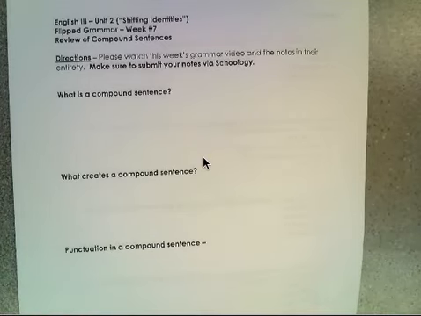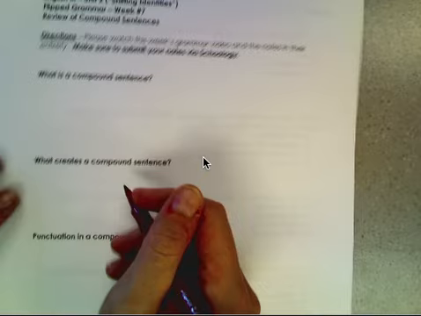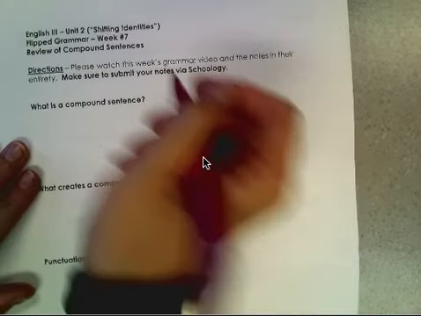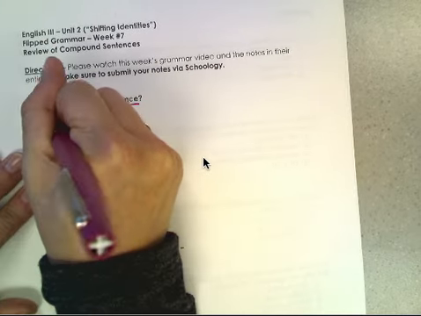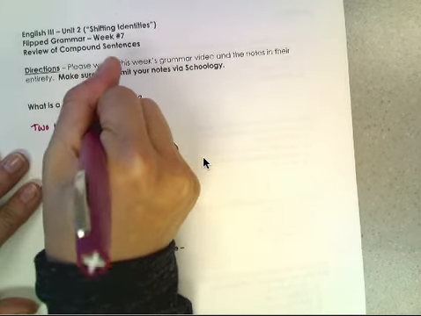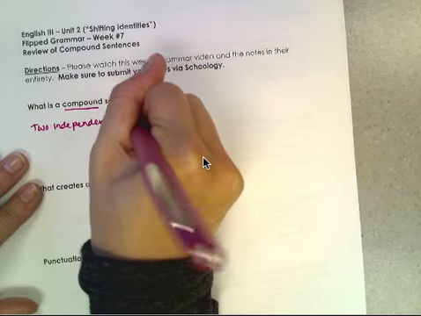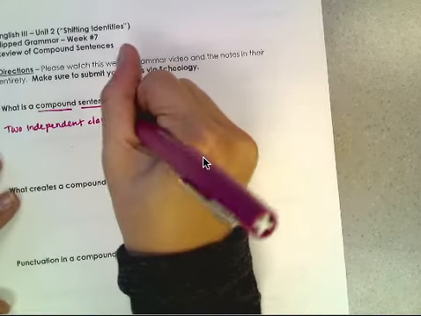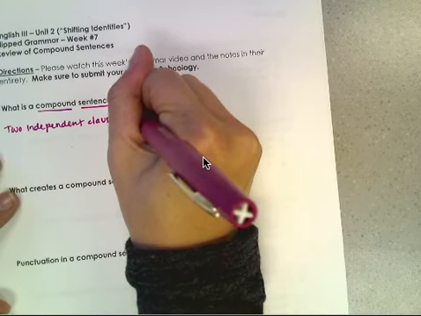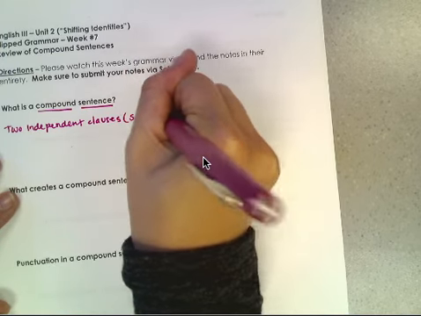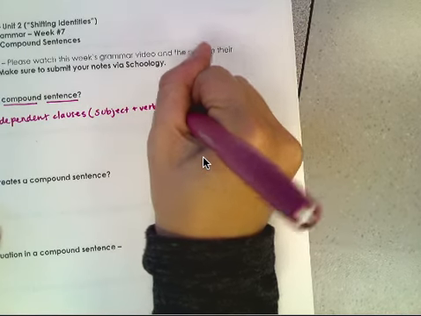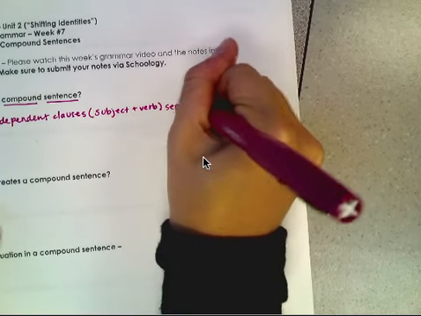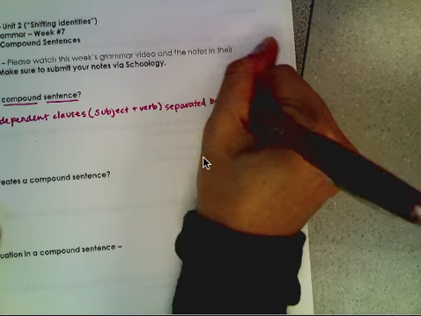Today we're going to talk a little about compound sentences. Super excited about that. So, a reminder, what is a compound sentence, my friends? It's been a while. A compound sentence is two independent clauses, which are made up of subject and verb, separated by one of the following.